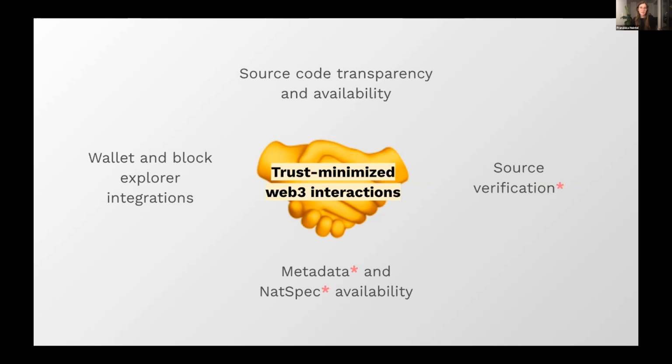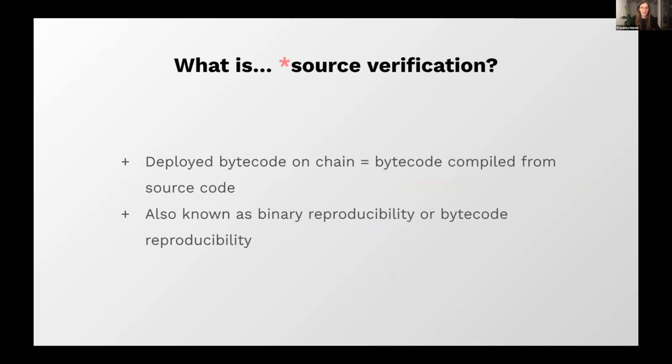But basically, trust minimized Web3 interactions can be achieved by a nice collaboration between several aspects, which include source code transparency and availability, source verification, metadata and NatSpec availability, and lastly, wallet and block explorer integrations. So with that in mind, I will go through some of the basics.